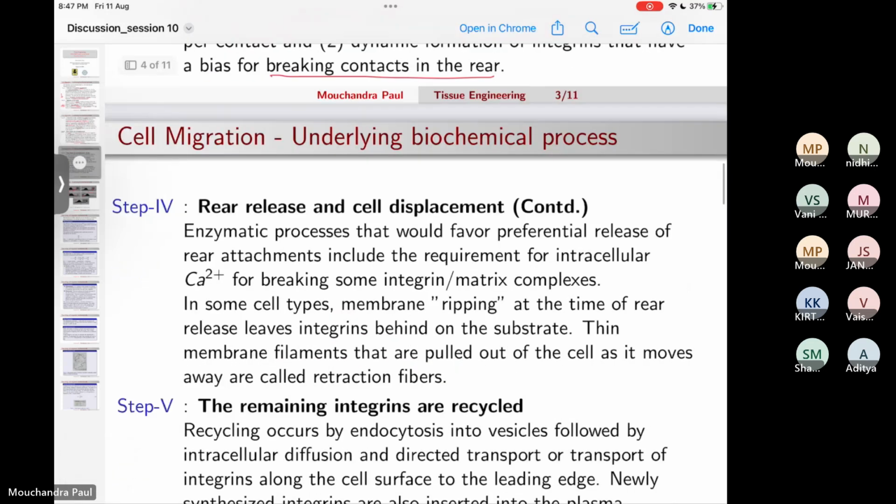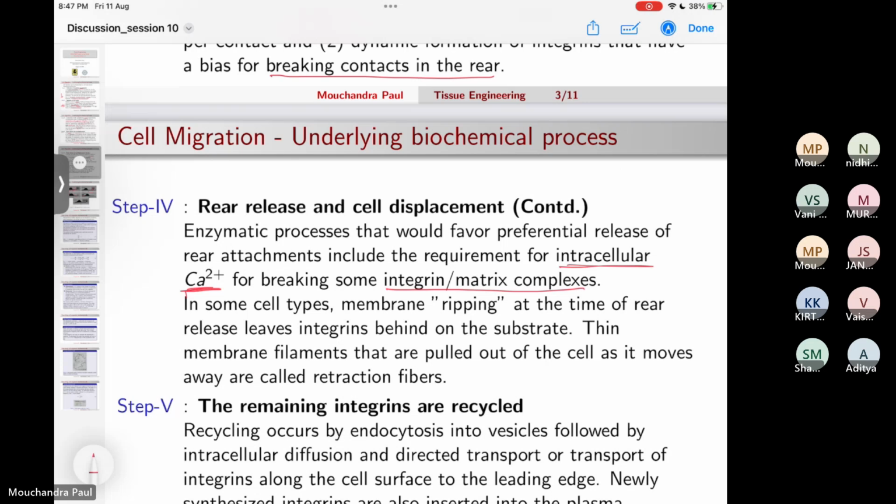Now, enzymatic processes also favor this release of the rear. How? The intracellular concentration of calcium ions also helps in breaking the integrin and matrix complexes, that is, in breaking the focal adhesion points. The calcium ion content is contributing to it.